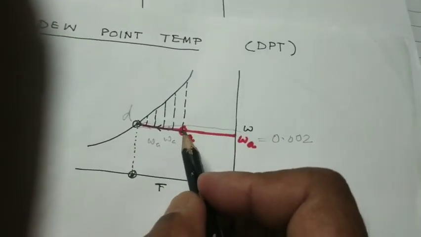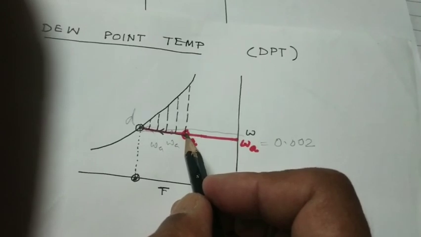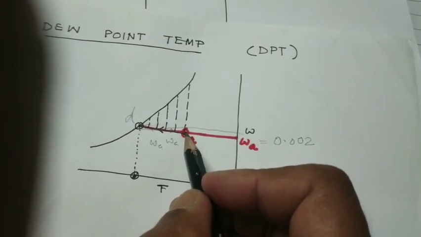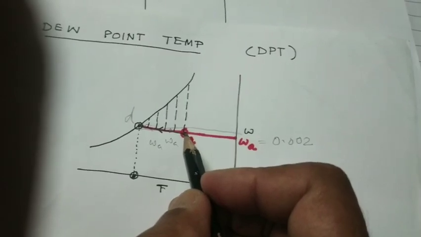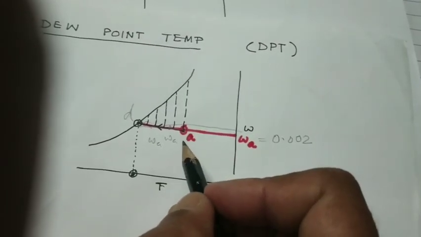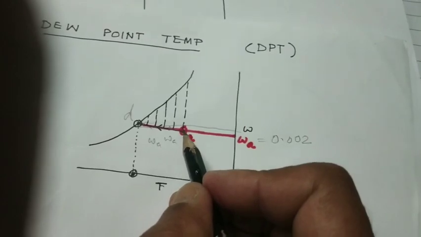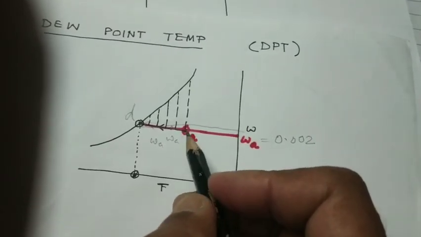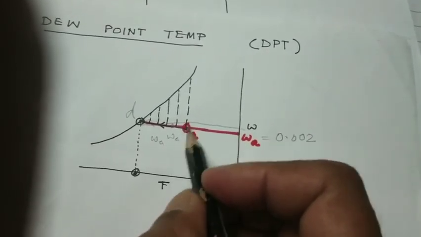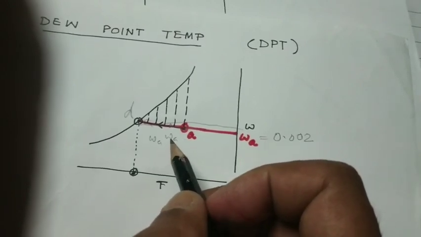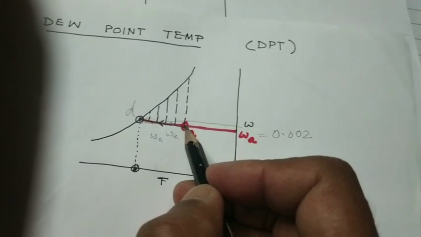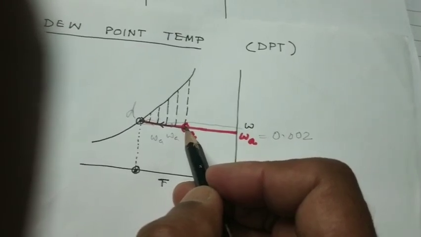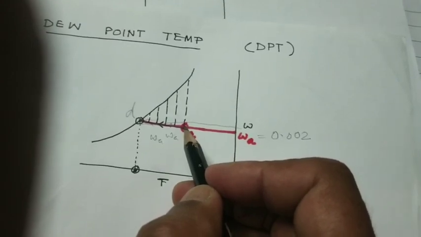Supposing I am standing in the evening outside my house, and I take the temperature and humidity of the air, and we get the A condition. There is no rainfall, no humidity change of the air outside, and the night falls. When the night is coming, during the night the temperature decreases because the sun goes away.